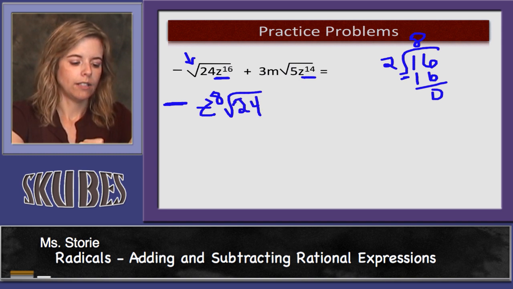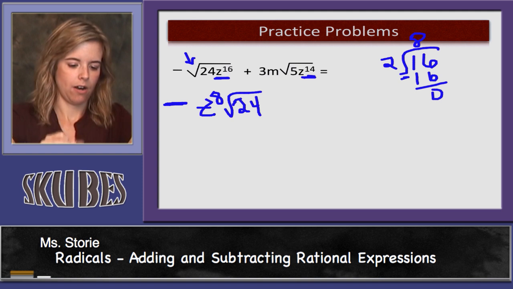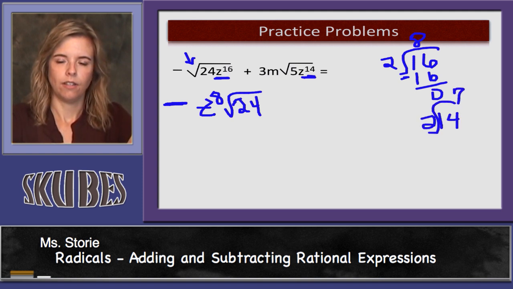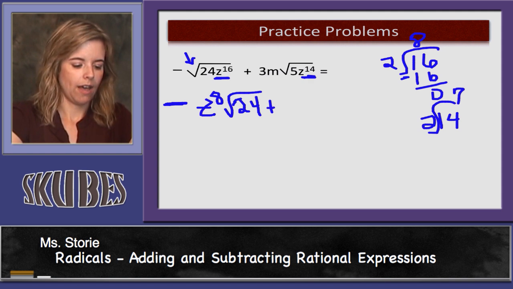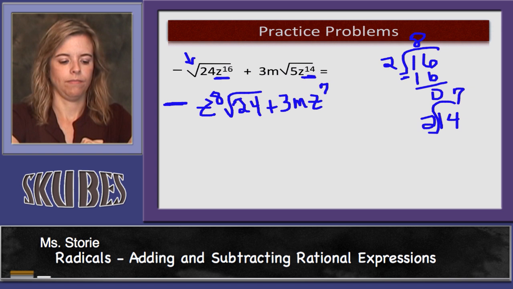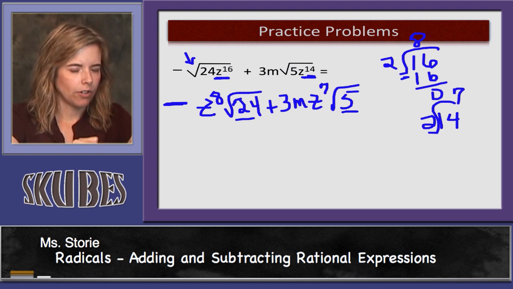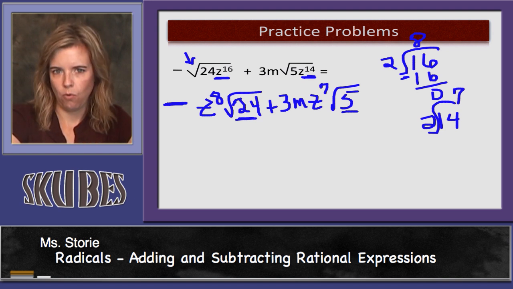So far, so good. Let's look at this. I've got 14 z's. Well, what's 14 divided by 2? It's 7, with no leftovers. So I have plus 3m z to the 7th. And then I still have radical 5. These don't match, however, we still haven't fully reduced 24.